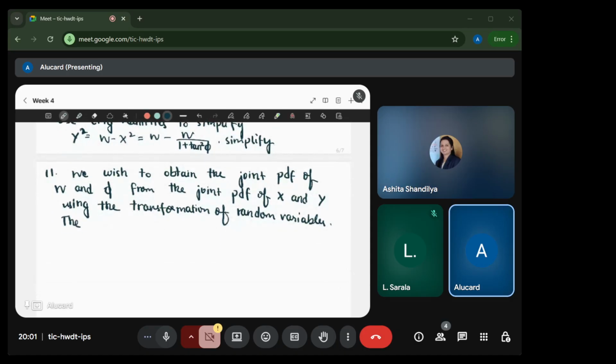The Jacobian matrix involved in the process is given by.